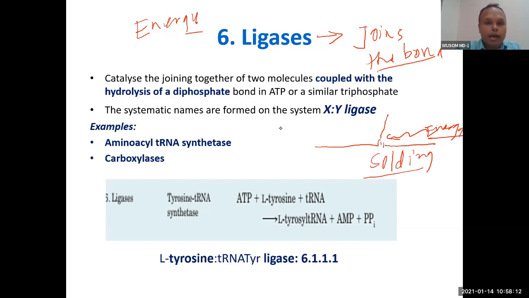You can understand ligase that way. So ligase does soldering of two elements. When you remember that, you will automatically understand that joining of a bond will require energy.